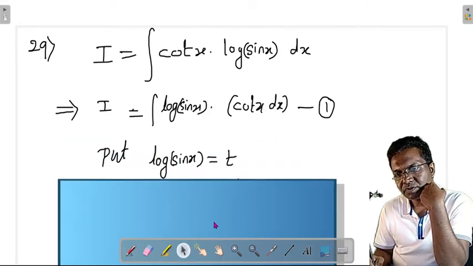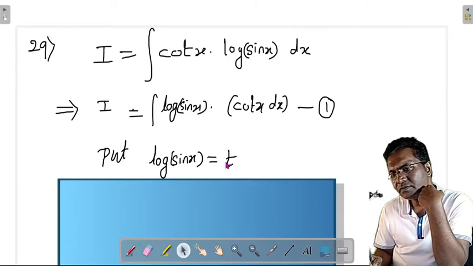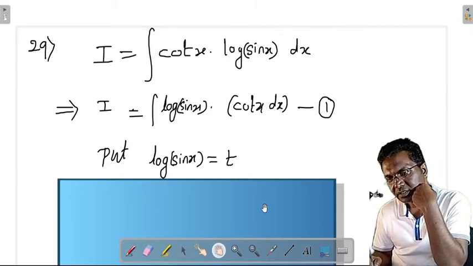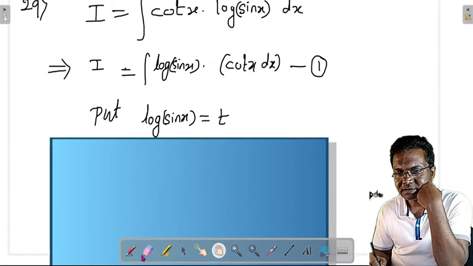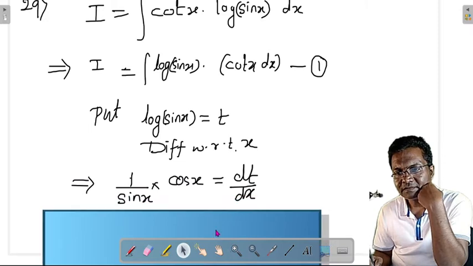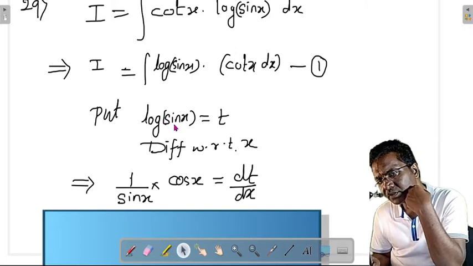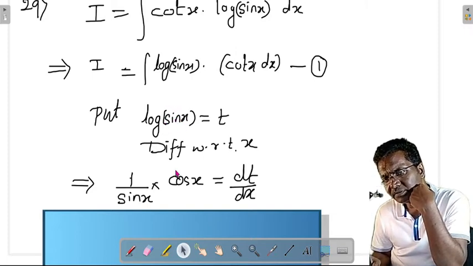So substitute. Put log of sin x equals t. See what happens. Differentiate with respect to x. The derivative of log is 1 by, so it is 1 by sin x, and since sin x is inside the log, as a composite, the derivative of sin x is cos x.